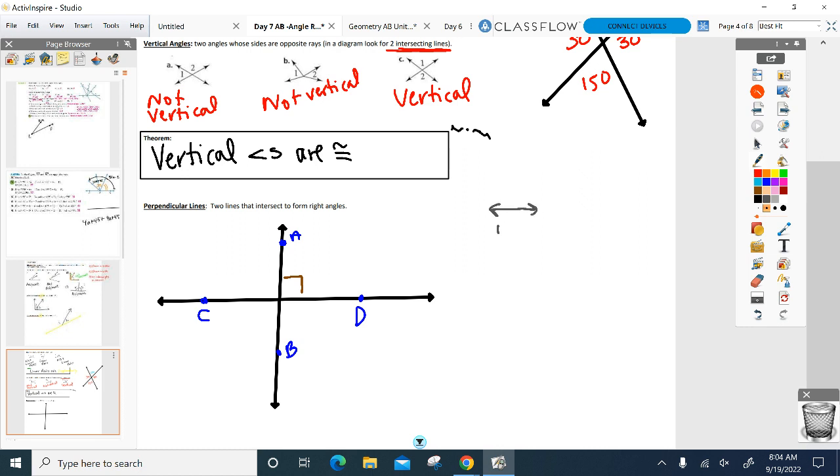Line AB. Get a little space in between them and write line CD for me. All right, what am I going to put in between that says they're perpendicular? Anybody know that symbol? The perpendicular symbol. Upside down T. Here you go. Here's the symbol we're going to use for perpendicular from now on.